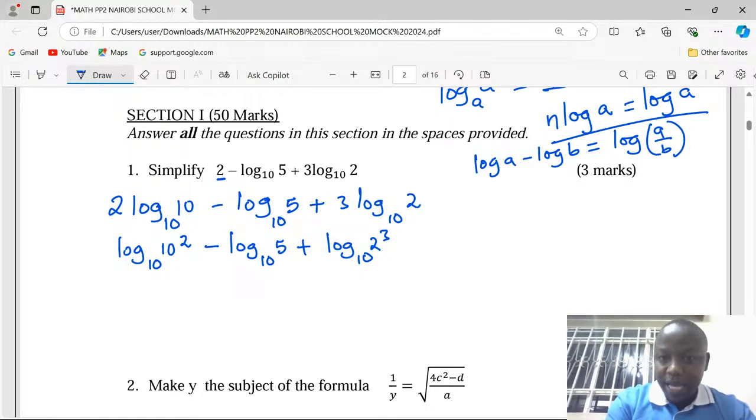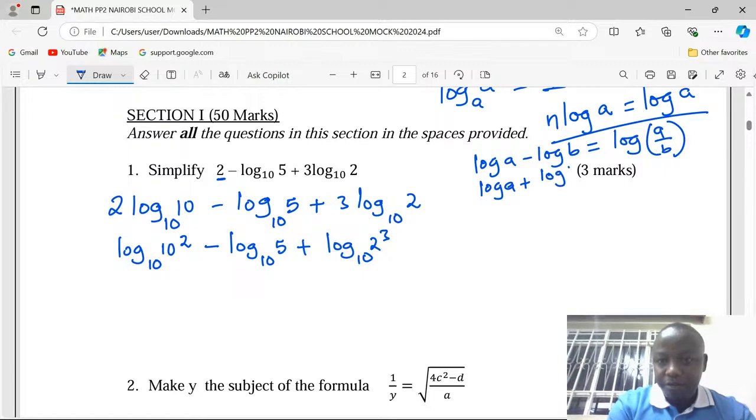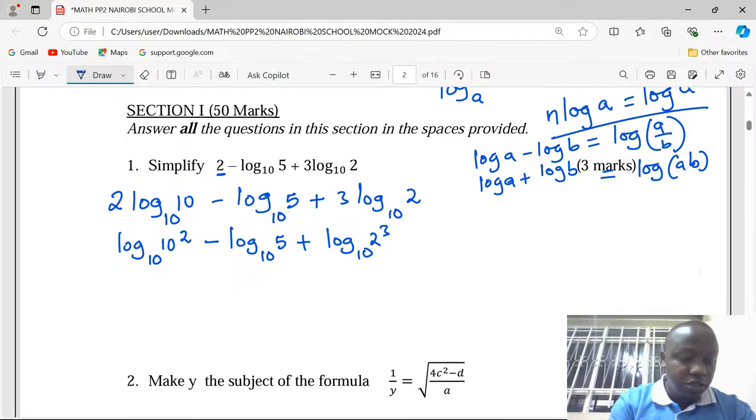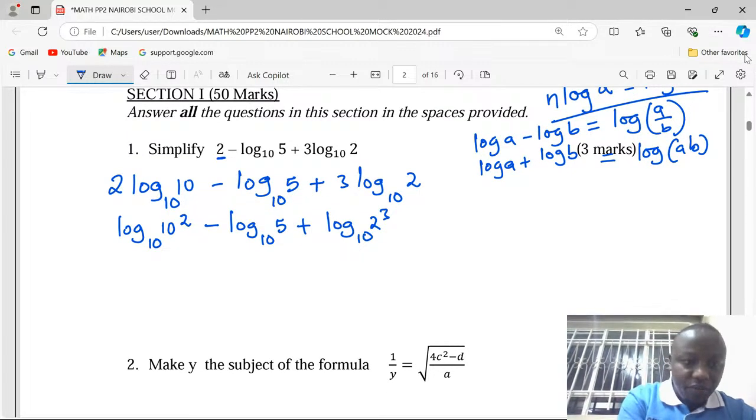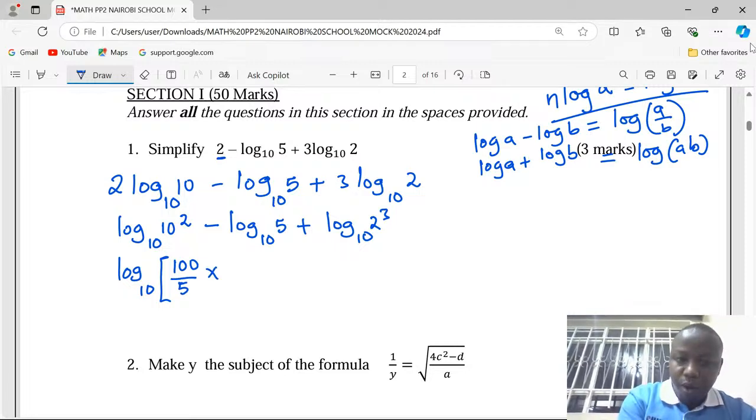And if it's a plus, then the log of a plus the log of b is equivalent to the logarithm of a multiplied by b. So with this, the log to base 10 of 10 squared, which is 100, divided by 5 because of the minus, then multiplied by 2 cubed, which is 8.